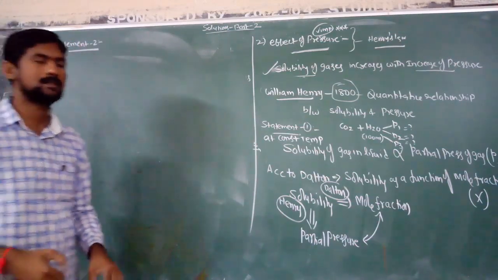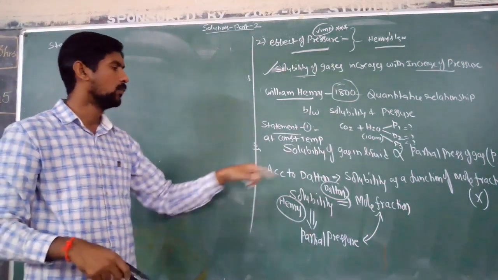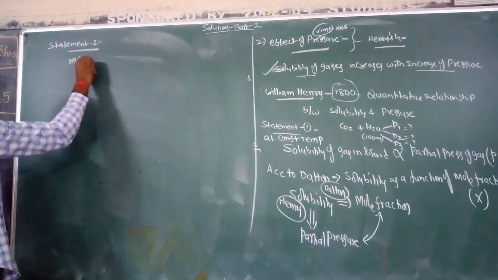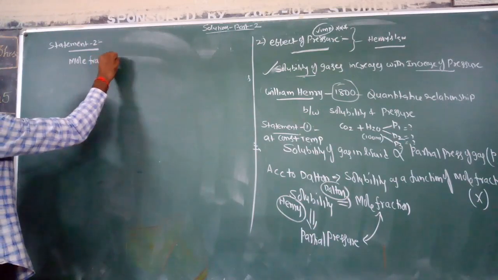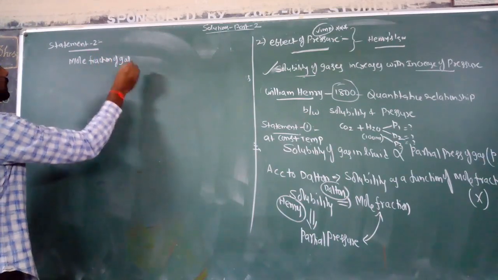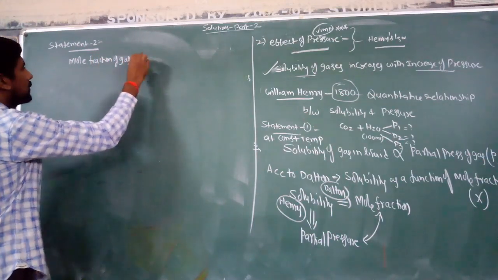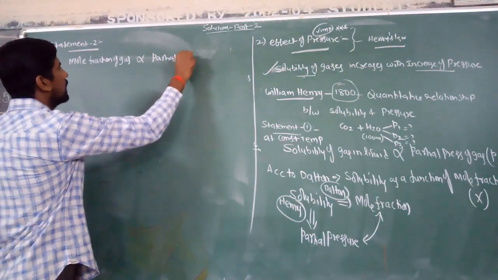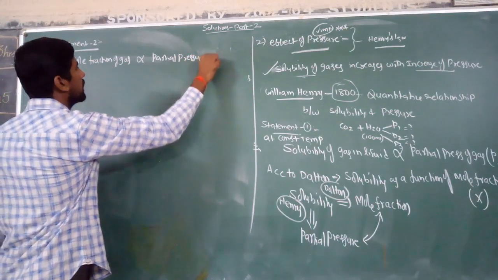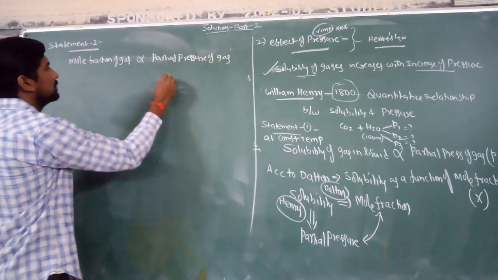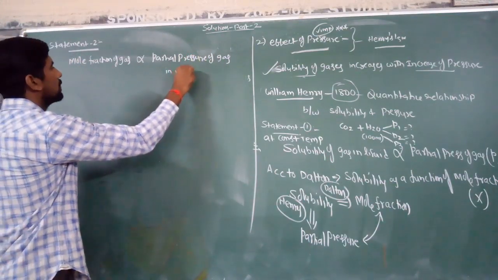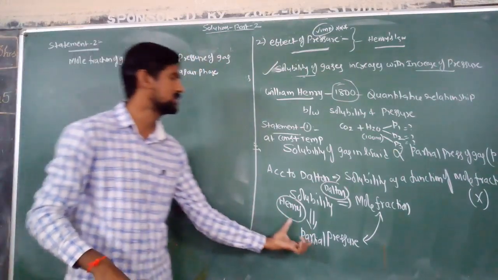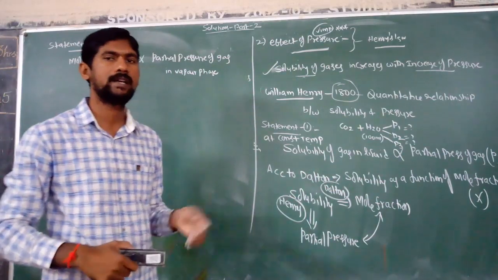Statement 2 of Henry's law is: mole fraction of gas is directly proportional to partial pressure of gas in vapor phase. Just relate these two, partial pressure and mole fraction, and change the statement.